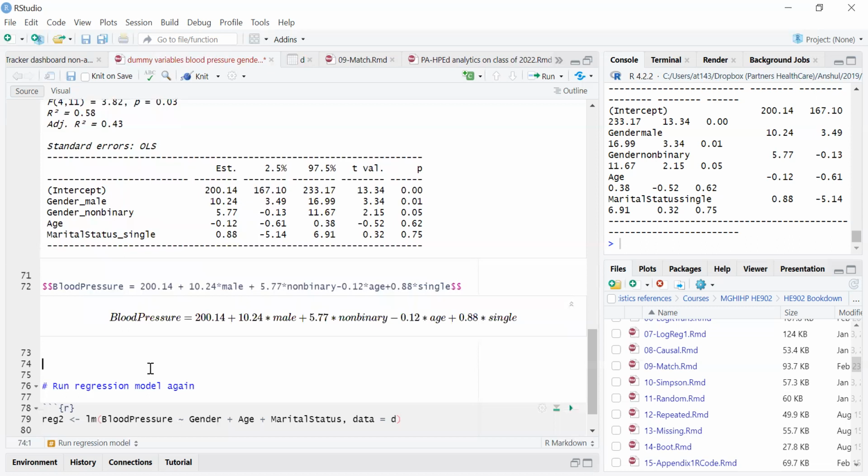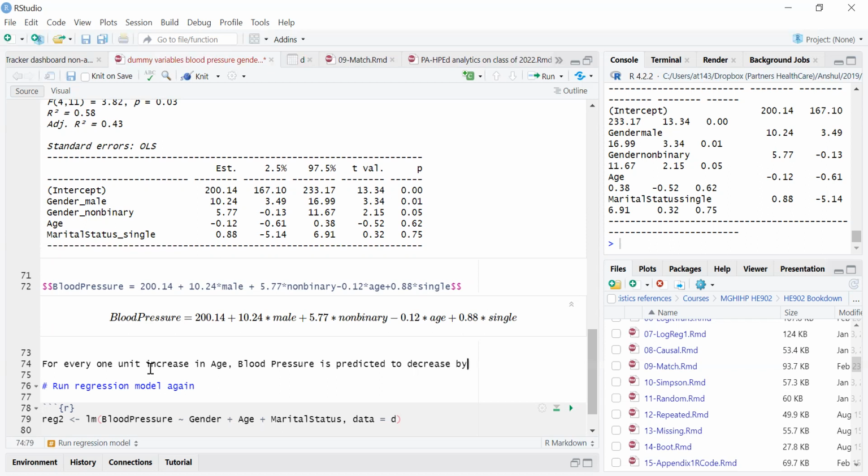And so now let's talk about how we interpret these coefficients. Let's first start with one that might be more familiar to you, and that would be age. So in this data, peculiarly enough, for every 1 unit increase in age, blood pressure is predicted to increase. Oh, let's fix that.